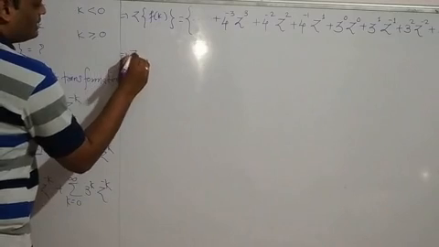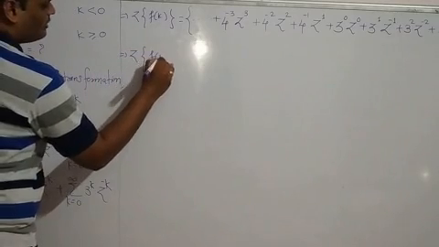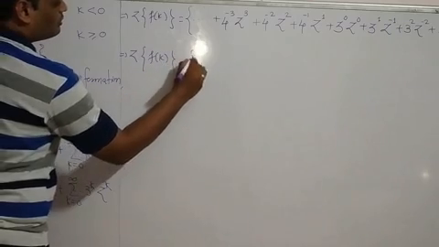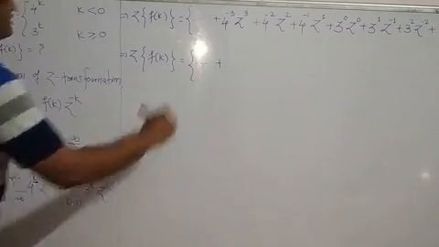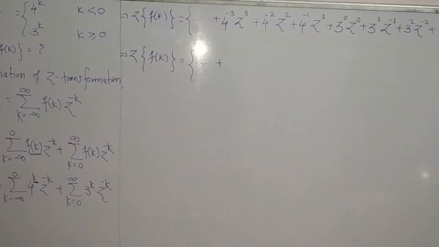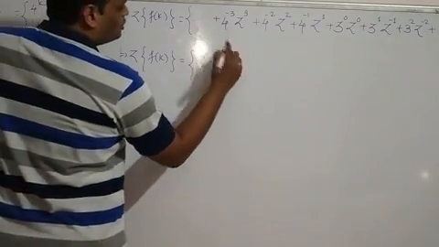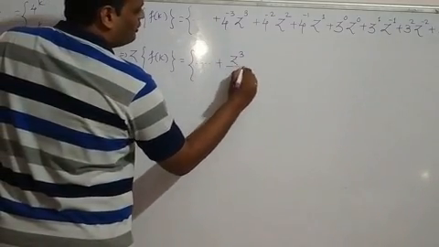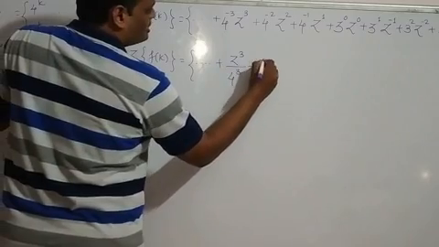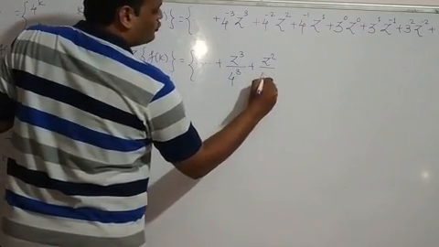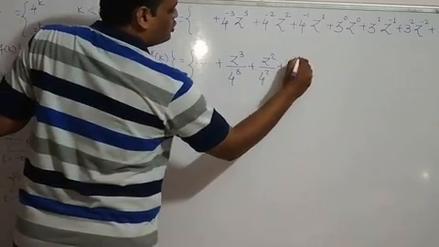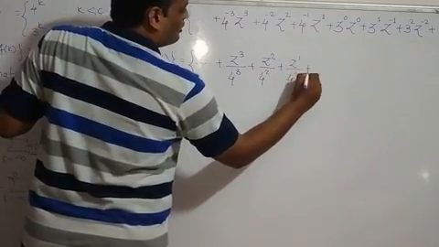Now that implies Z of f of k is equal to plus. Now you see the power of 4 is negative, z is positive. Okay, so we will take the negative part in the denominator so that it will become positive. So you have z raised to 3 upon 4 raised to 3, plus z raised to 2 upon 4 raised to 2, plus z raised to 1 upon 4 raised to 1, plus.